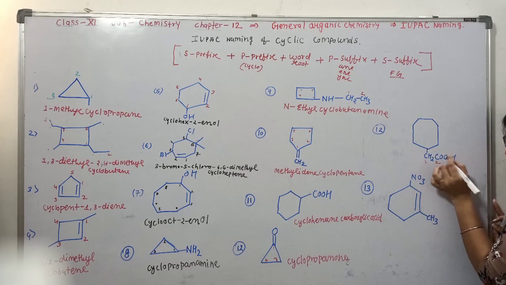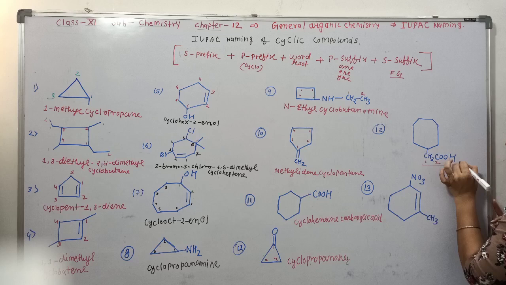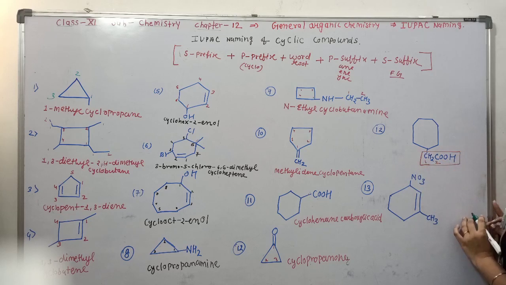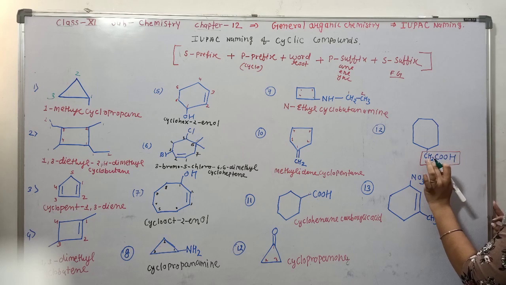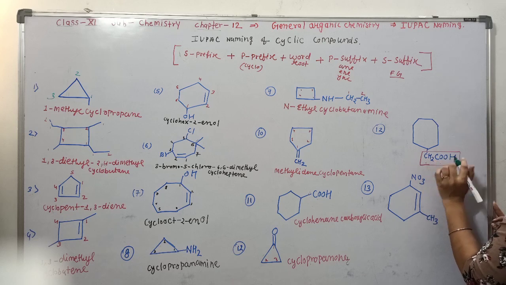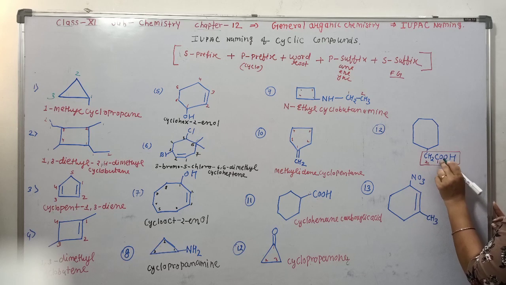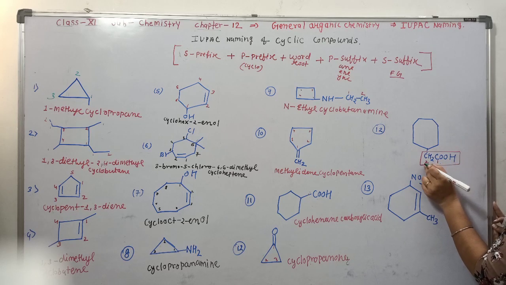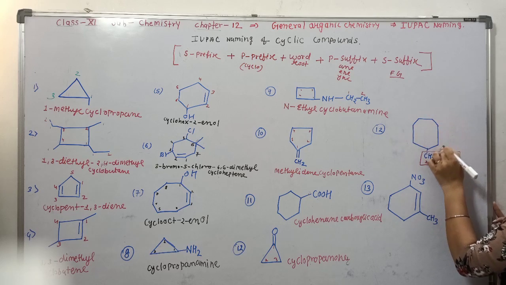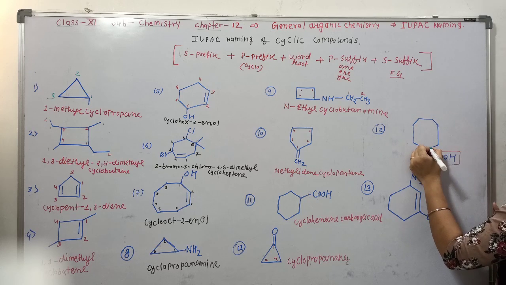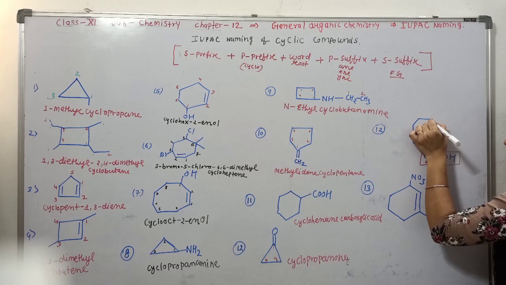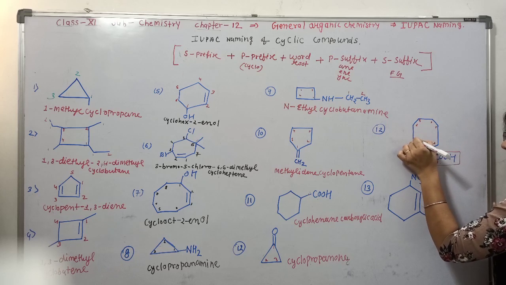Because this chain has the functional group, this one will be our parent carbon chain. So naming, on the first carbon there is the functional group, and the second carbon is substituted with this cyclic compound. So it is 1, 2, 3, 4, 5, 6, 7.